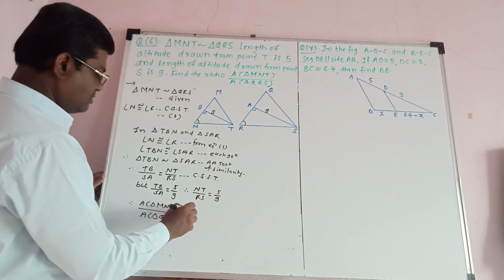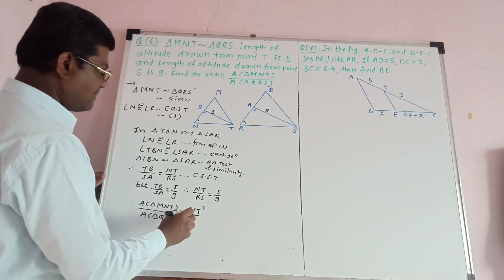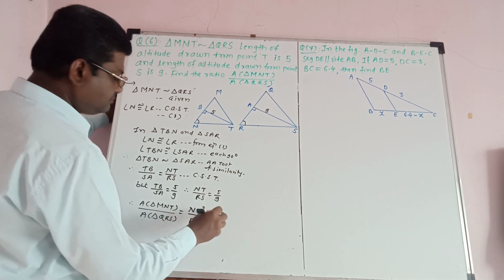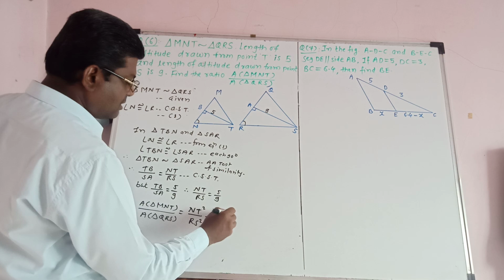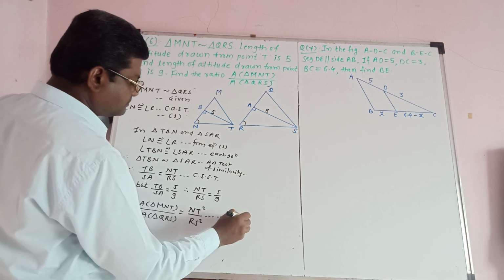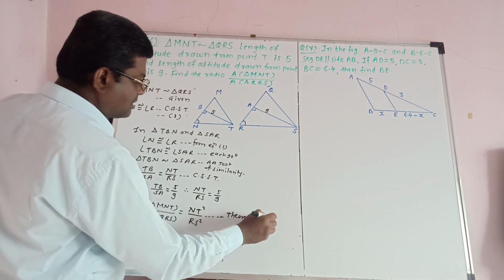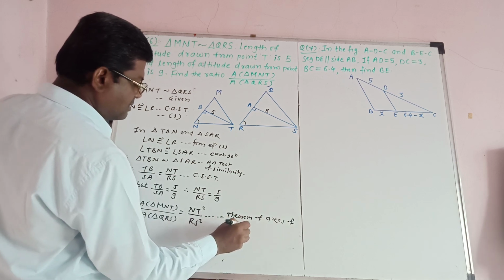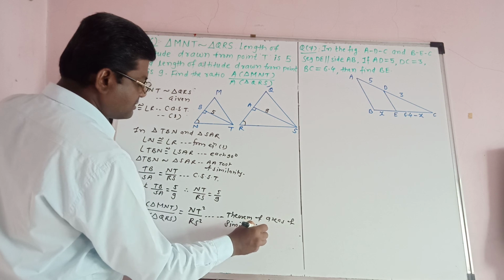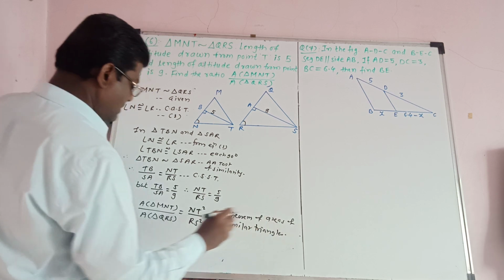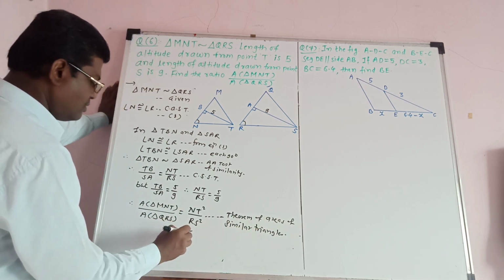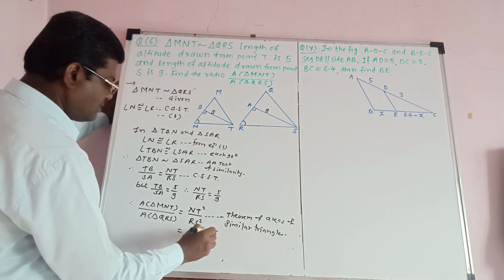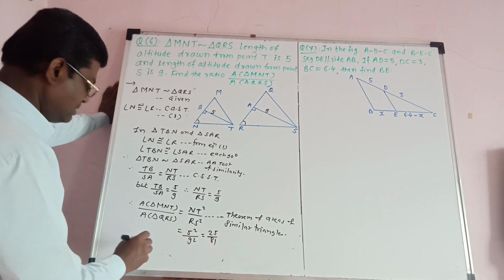So is equal to NT square upon RS square, and reason is theorem of areas of similar triangles, is equal to 5 square upon 9 square is equal to 25 upon 81.